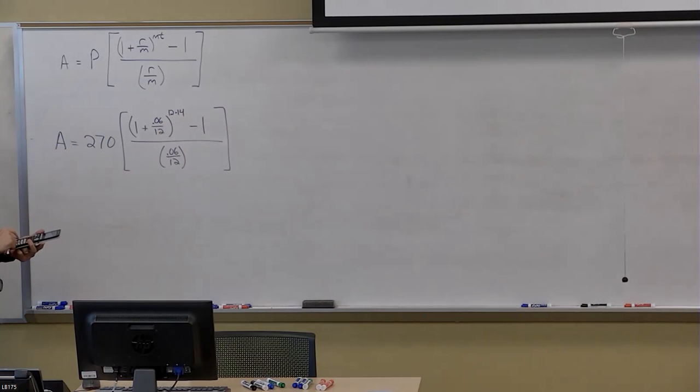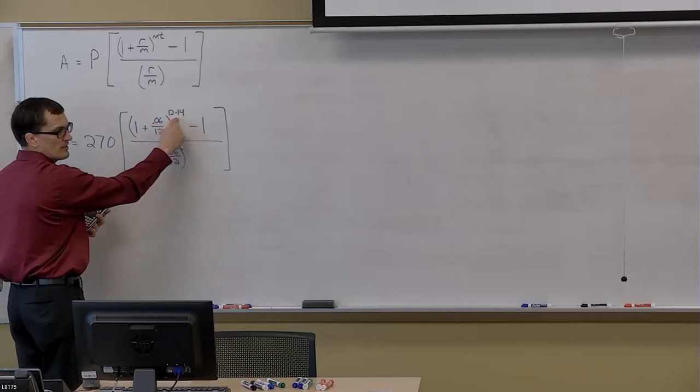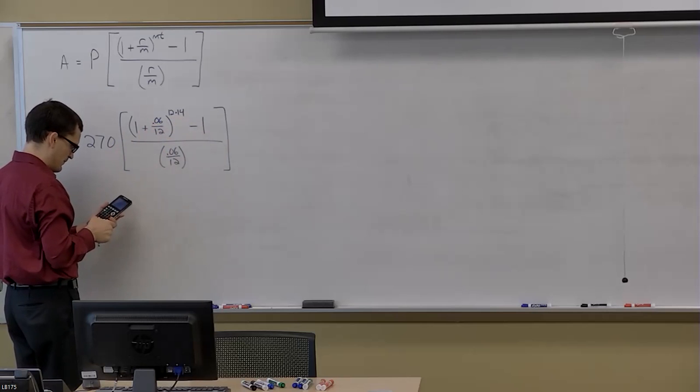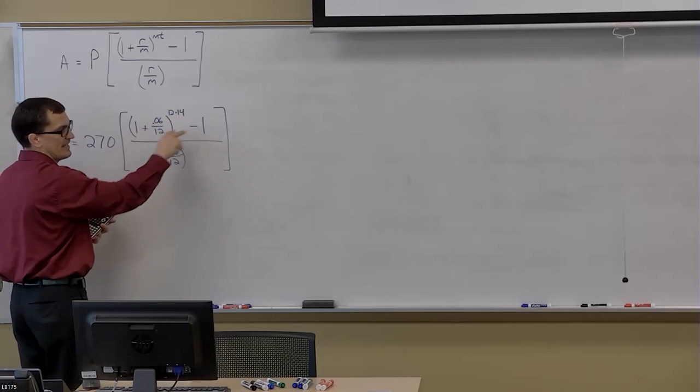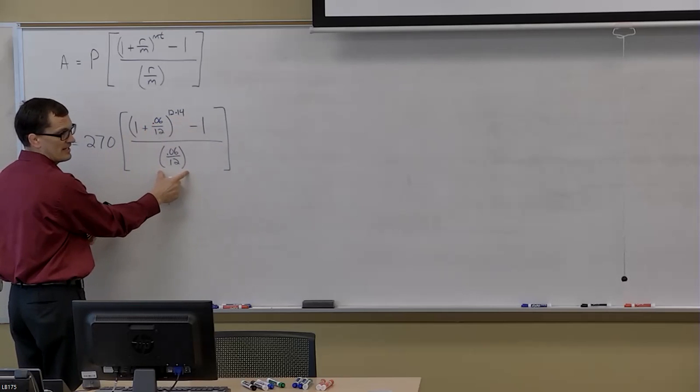That gets 168. So when I type it in, I type in the whole numerator. So 1 plus 0.06 divided by 12, to the 168th power, and then I minus 1. I like to enter there. And then I divide by this number.